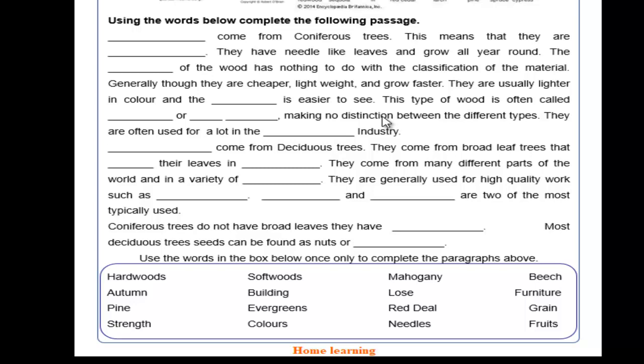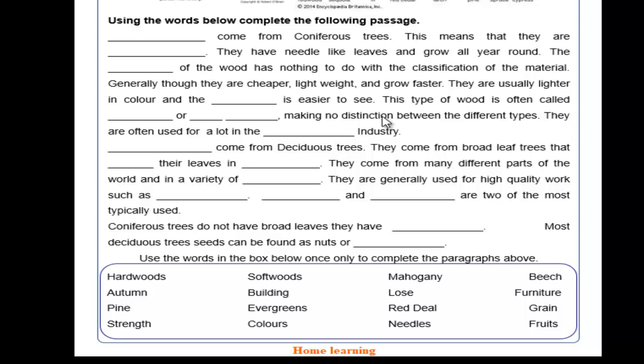Something comes from deciduous trees. They come from broadleaf trees that something their leaves in something. They come from many different parts of the world and in a variety of something. They are generally used for high quality work such as something.